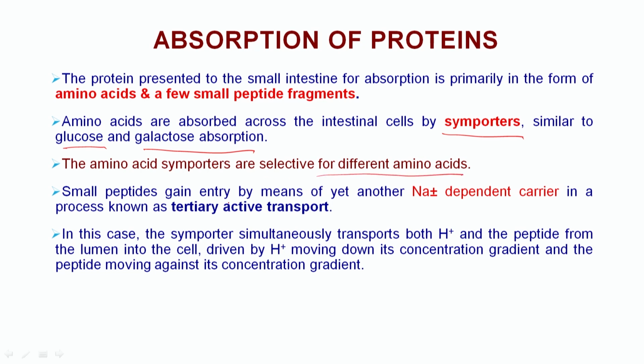A small peptide gains entry by means of yet another sodium-dependent carrier in a process known as tertiary active transport. In this case, the symport simultaneously transports both hydrogen and peptide from the lumen into the cell, driven by the hydrogen moving down its concentration gradient and the peptide moving against its concentration gradient.